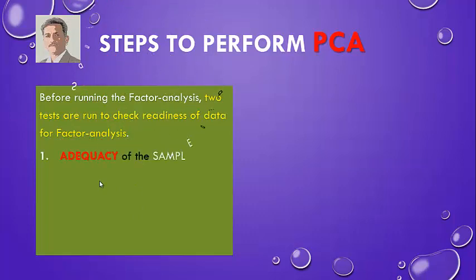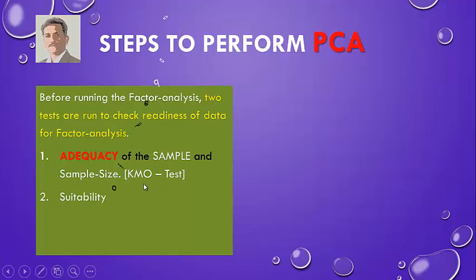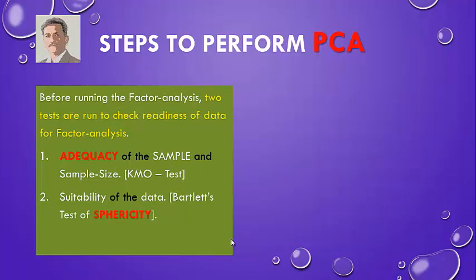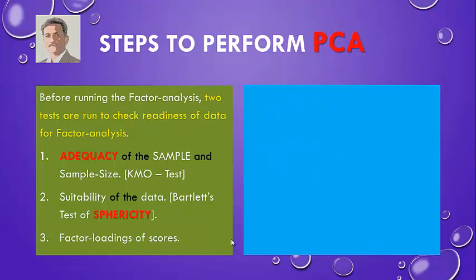One is the test of adequacy of the sample, called the KMO test, and the second is the test of suitability of data, the Bartlett test, also called the sphericity test. And third, finally, we will compute the factor loadings of the scores by running the factor analysis.